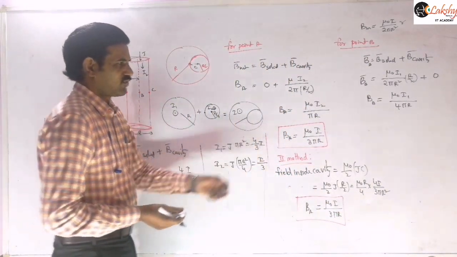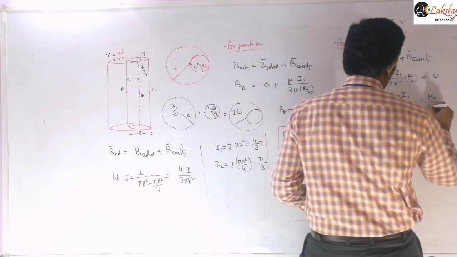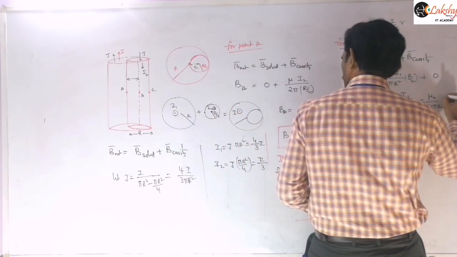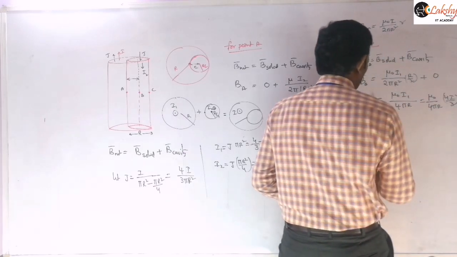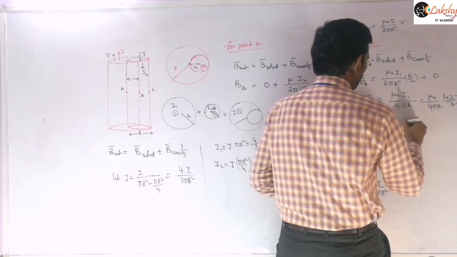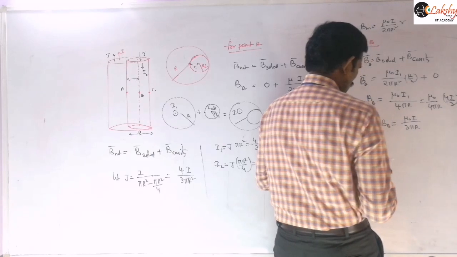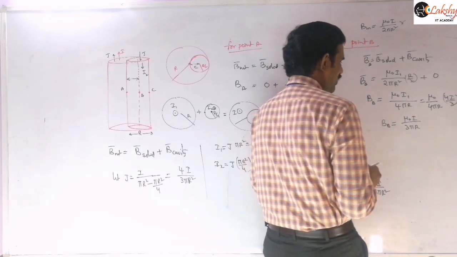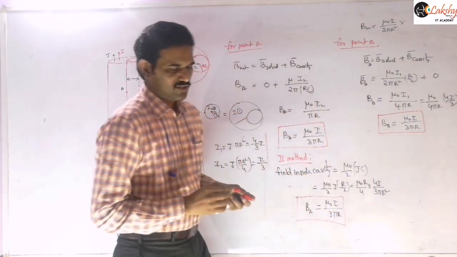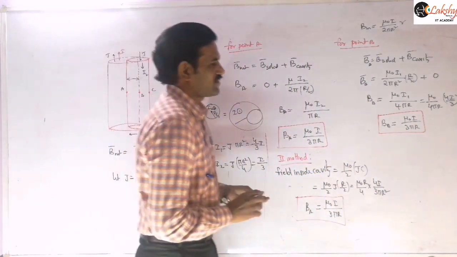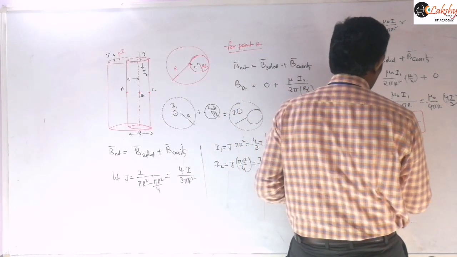I1 is nothing but 4I by 3. So mu naught by 4 pi r into 4I by 3. And therefore the magnetic field at that point B will again be mu naught I by 3 pi r. So the magnetic field at point A and point B will be the same. And now for this point B, you can also solve it in a different way, with the second method here.